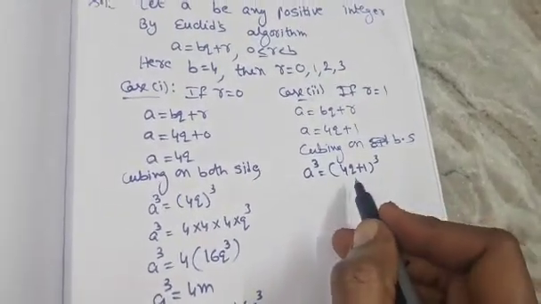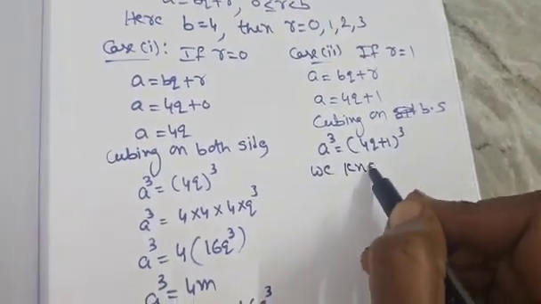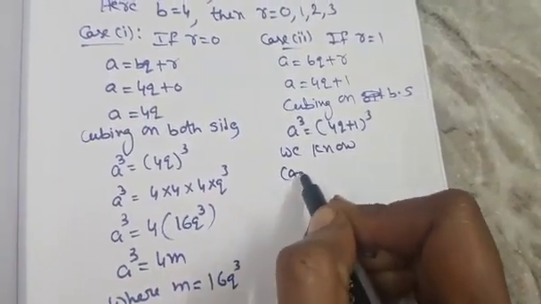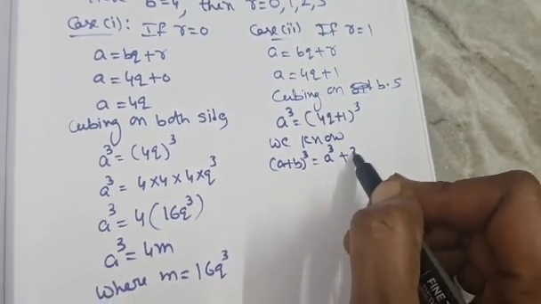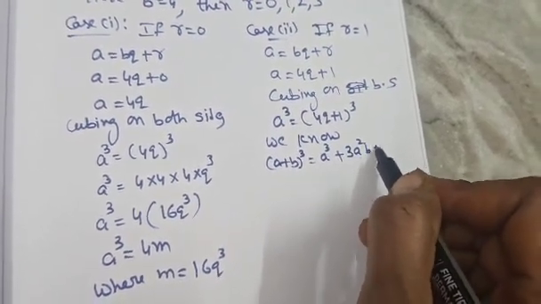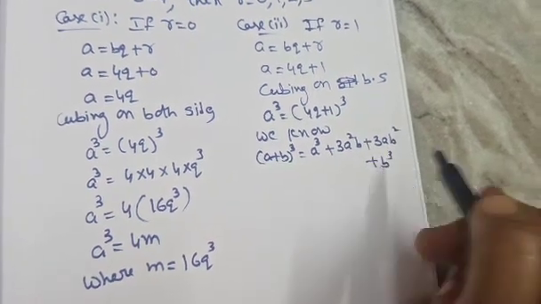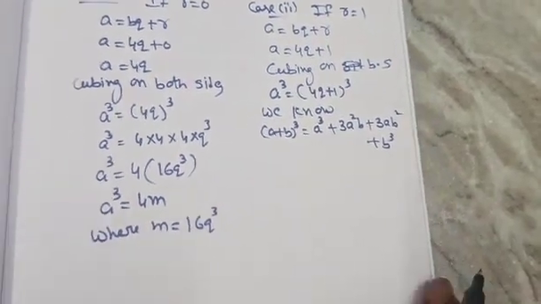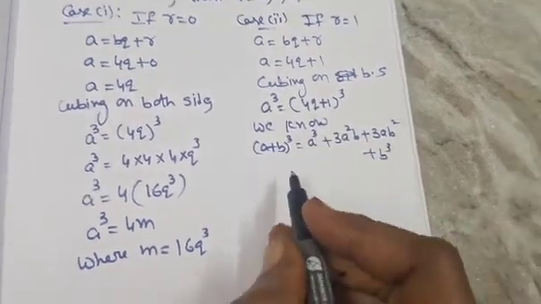Here this is in the form of a plus b whole cube. Do you know the formula of a plus b whole cube? Already we learned in 9th class. A plus b whole cube equal to a cube plus 3a square b plus 3ab square plus b cube. So apply the formula.